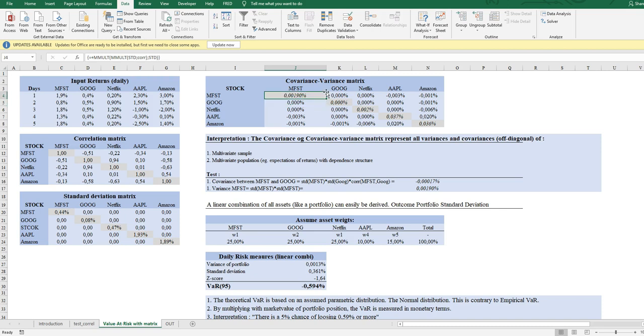And perhaps I should just add here that one intuition by just calling it a covariance matrix is that you can actually consider it just as covariances only. But on the diagonal, you just have the covariance with the stock itself, which then gives the variance.